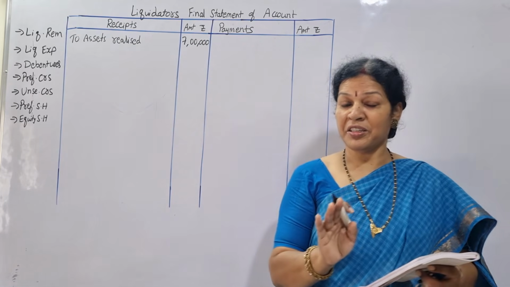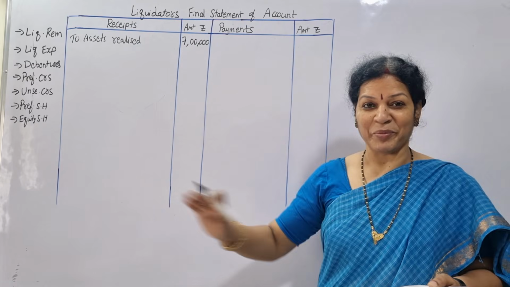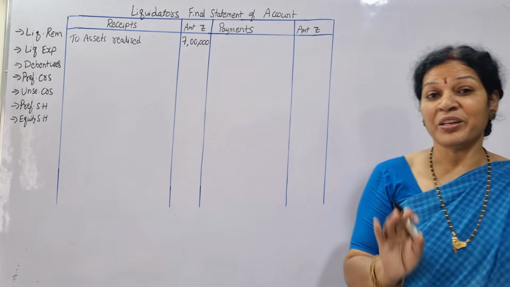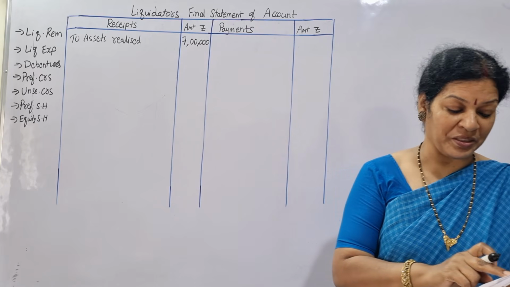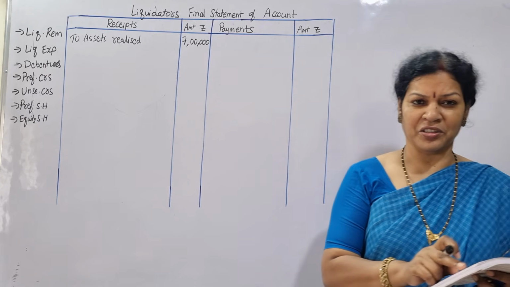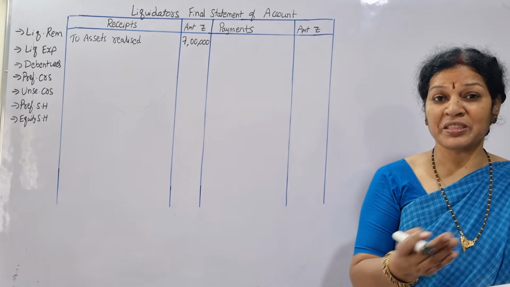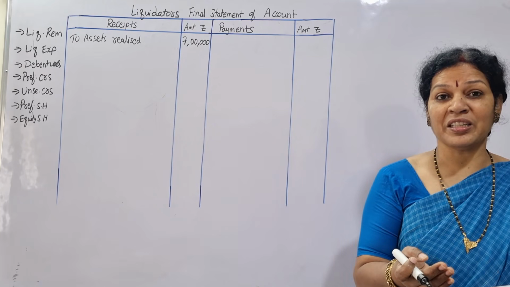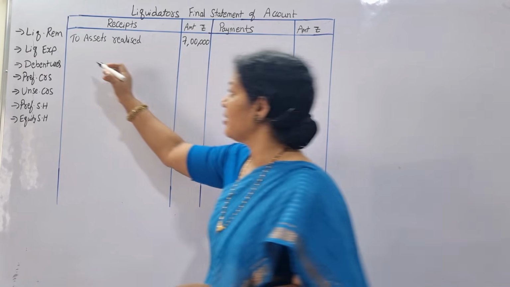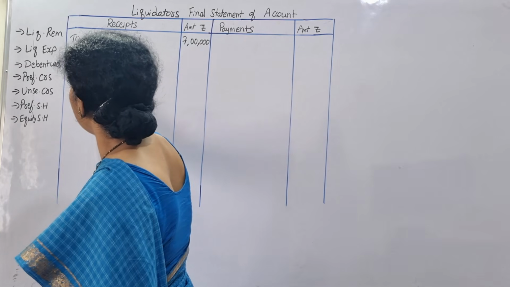And on the receipt side you'll get one more item, the last one, secured creditors. Actually it is 80,000 but it is realized for 90,000, which means surplus on sale of securities. This is also income.